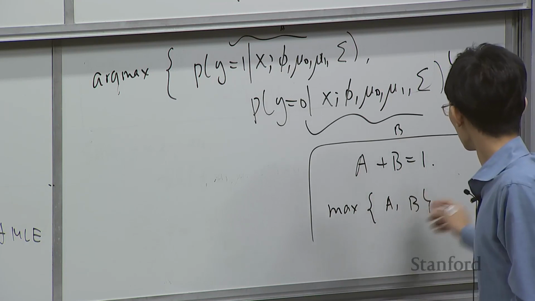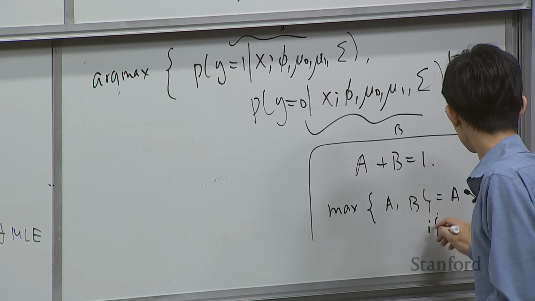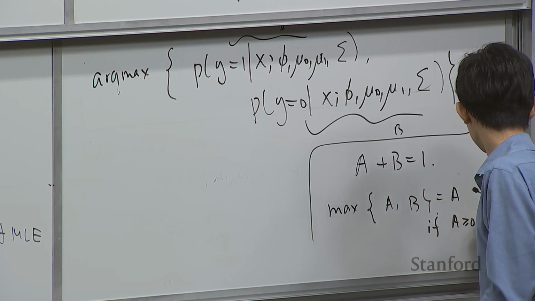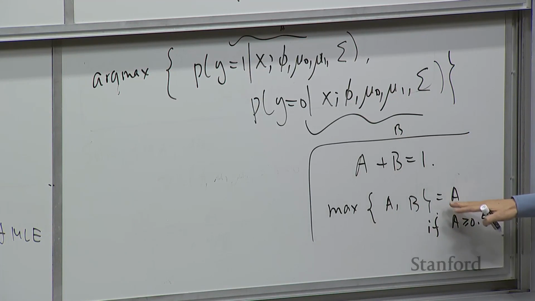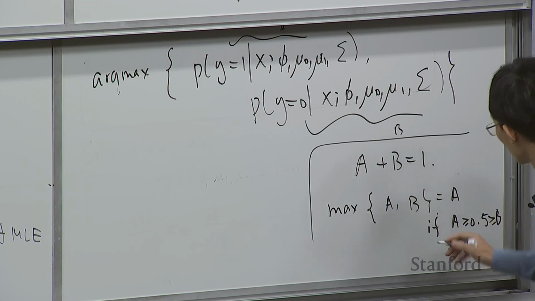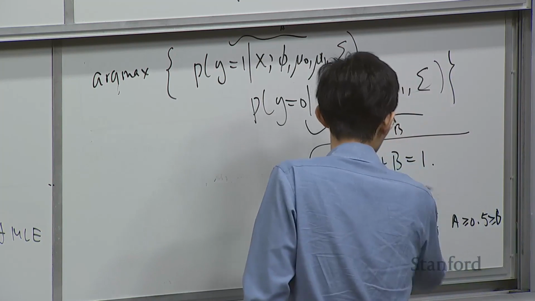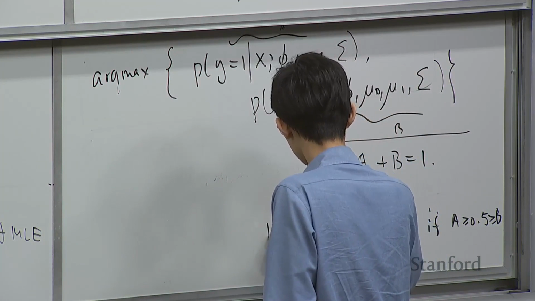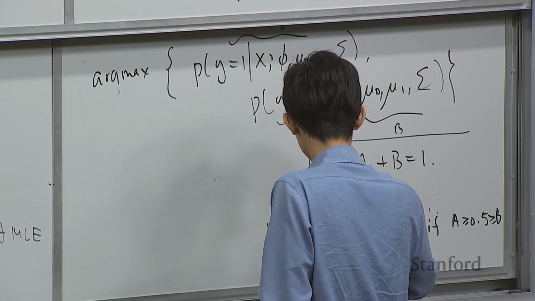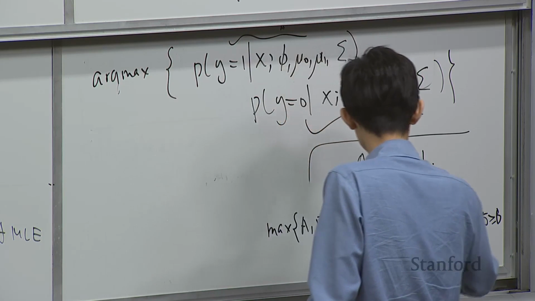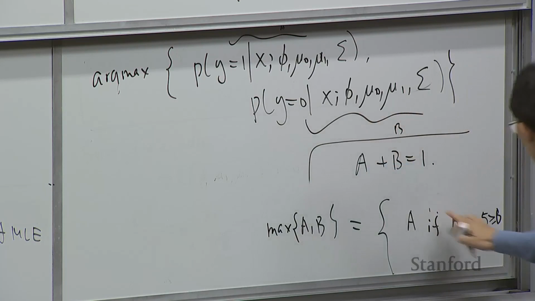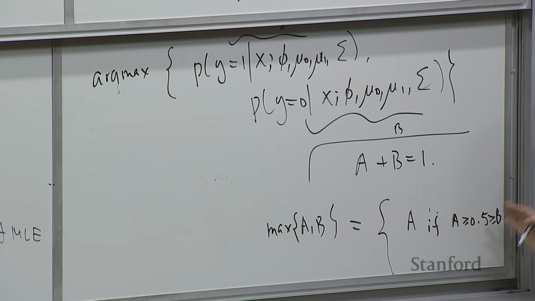Because you're going to choose A if A is bigger than 0.5, since that means B is less than 0.5.